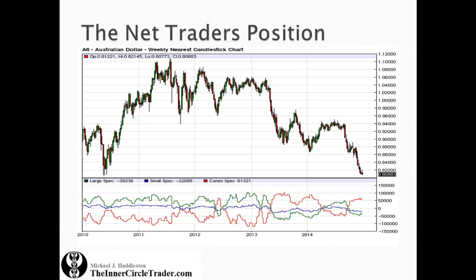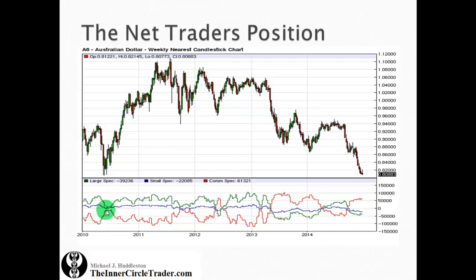I want you to take a look at right in here, the move that began right here. We had a rapid reduction of net short positions by the commercials. You see that? While we are not net long, we do see a big drop off in the longs held by the hedges or hedge funds.